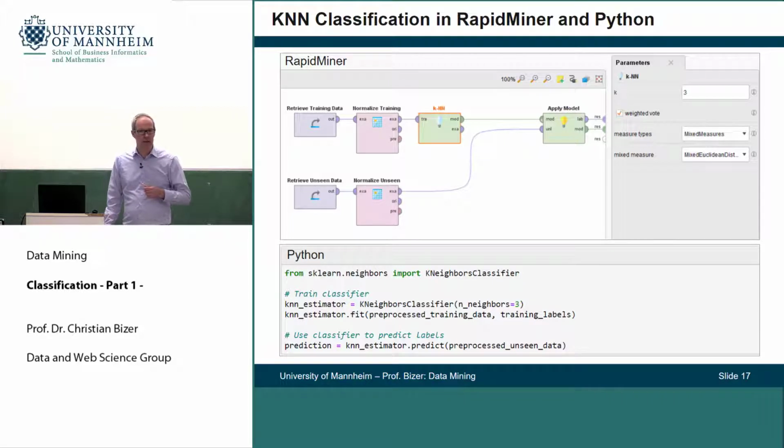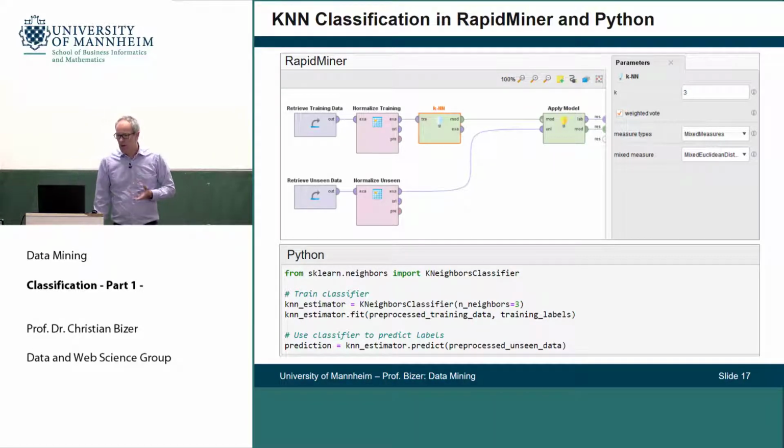We then have this KNN operator. We load some unseen examples. We apply the same pre-processing, and we then apply the model, the KNN classifier, and we get some classification results. Parameters are the number of neighbors to consider, K, if we want to use weighted voting, as well as a similarity metric.